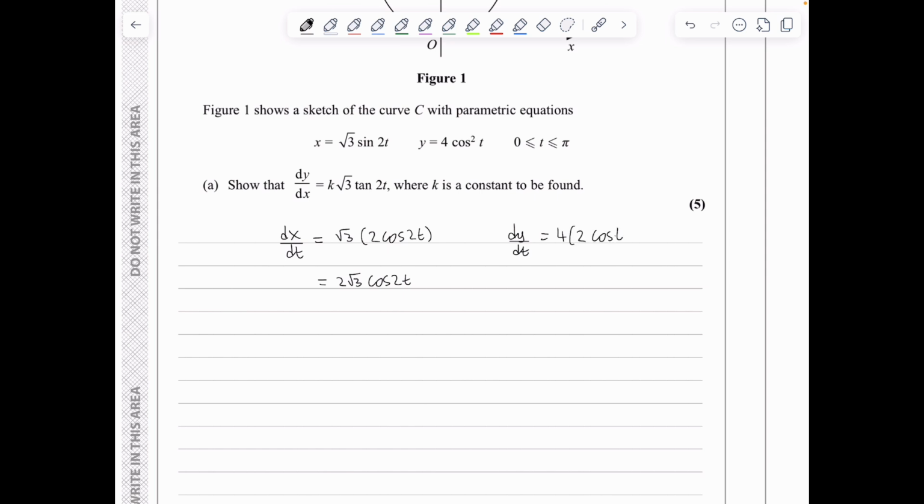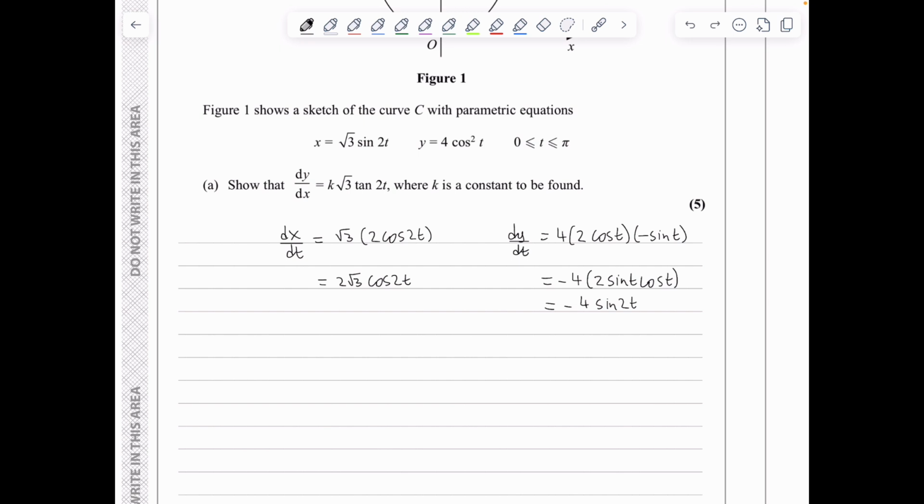We deduct 1 from the power times the derivative of the bracket. This leads to minus 4 times 2 sine t cos t, because the 2 sine t cos t is exactly the double angle formula for sine 2t. So we get minus 4 sine of 2t.